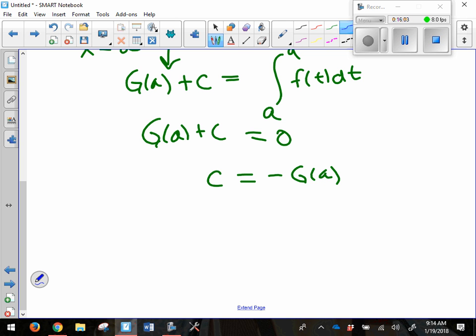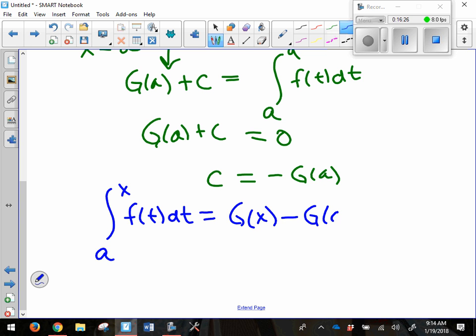So I've regained the value of my constant. And I can say that my definite integral from a to x of f of t dt is going to be equal to g of x, which again is what I got when I took the antiderivative, minus the constant.